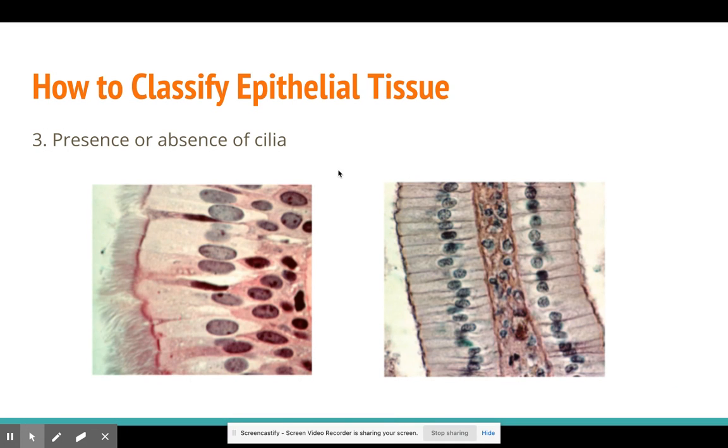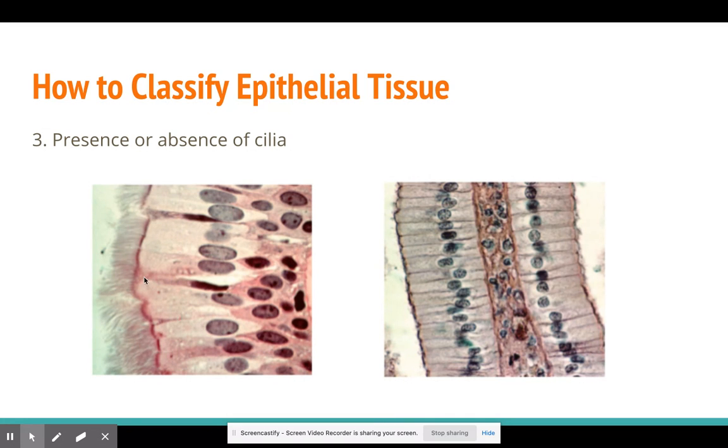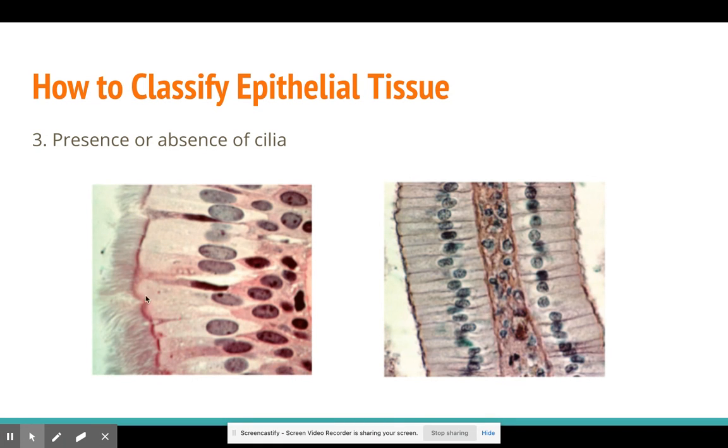We've got to remember cilia are little hair-like projections that come out of cells. Hopefully you remember it from freshman biology. So if you look here, this one has cilia, this one doesn't. How can you see? See these little hairs? That indicates the presence of cilia.